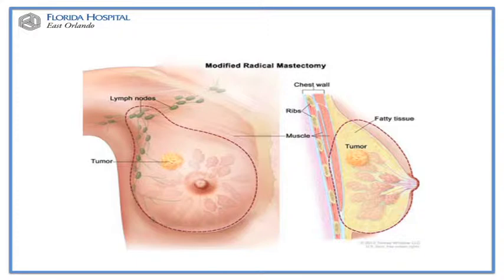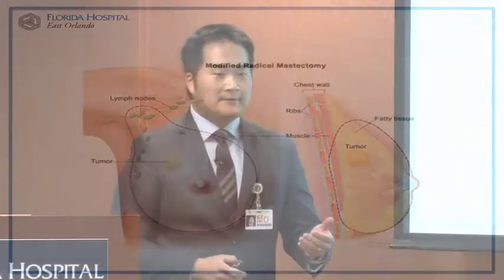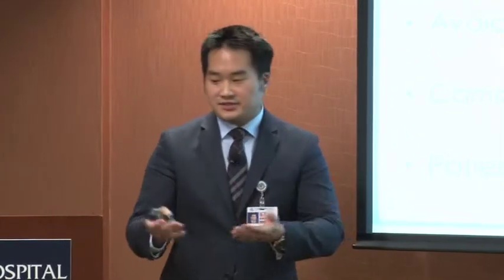So instead of taking a lump of tissue out, we remove the entire breast tissue, including the nipple. It's a much more extensive surgery, but for patients that can't undergo breast conservation surgery, this is the option.